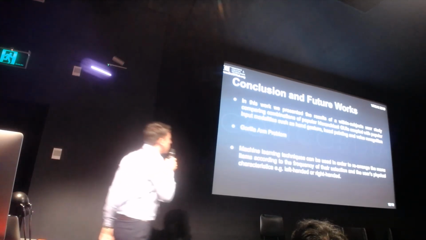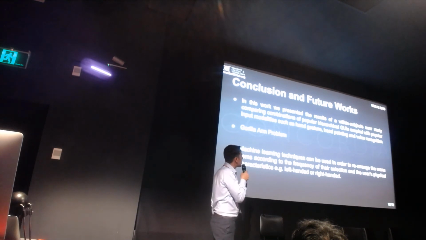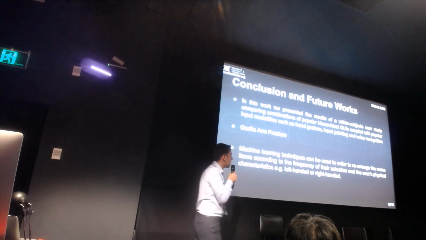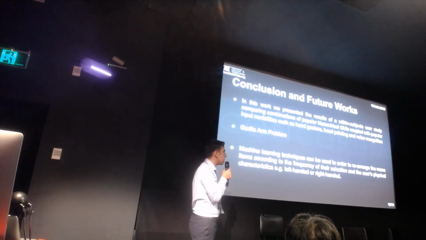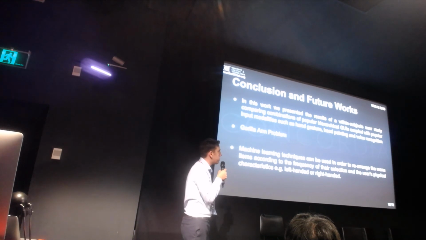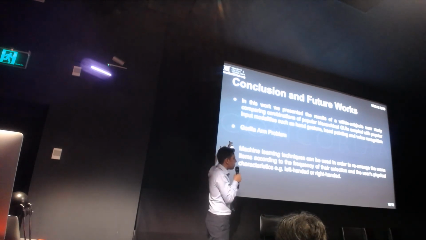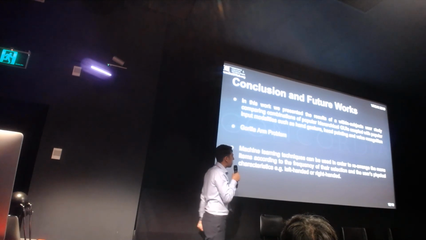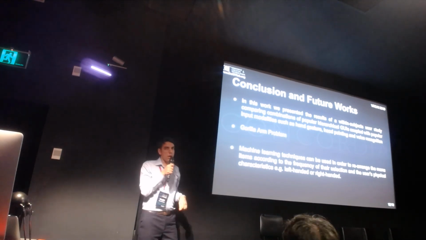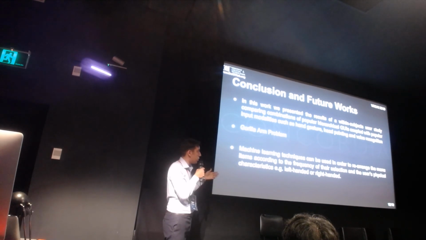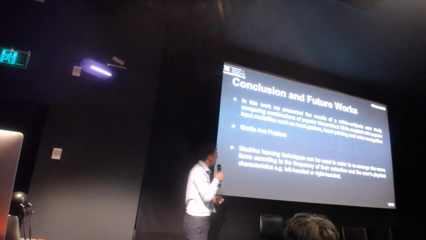As a conclusion, in this work we presented the results of a within-subject user study comparing different combinations of hierarchical graphical user interfaces coupled with popular input modalities such as hand gesture, head pointing, and voice recognition. The gorilla arm problem was the most important problem of hand gesture applications, and we can start to work on that in future papers.